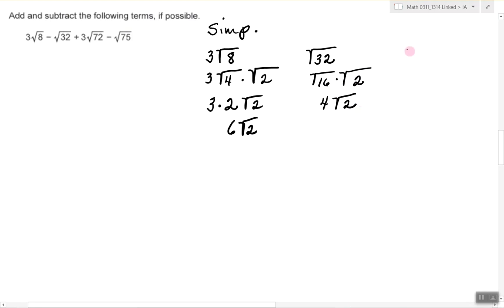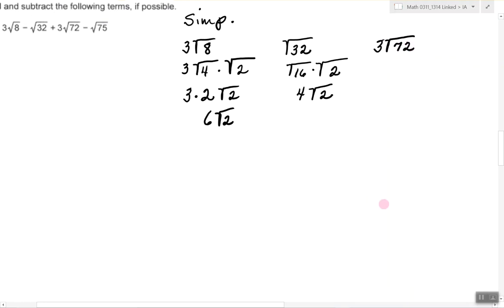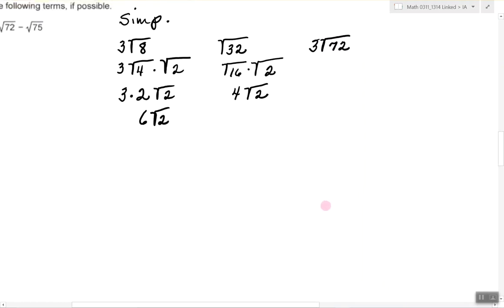Next, I have 3 times the square root of 72. All right, I'm going to do a little writing and then I'll erase it because I want to work with 72. The first thing I thought of was 9 times 8, and that's a perfect square. But 8 has a perfect square in it. It is 4 times 2. Our little rule, the product of perfect squares is a perfect square.